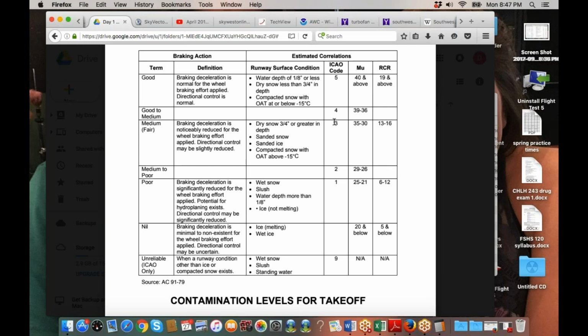Then if it rains and gets wet, all the oils come up and the rubber gets really slick. So that one comes up as a 3 instead of a 5, which is normally just wet. And that one proves really troublesome for us because we can't land on 3s if we have a thrust reverser out.